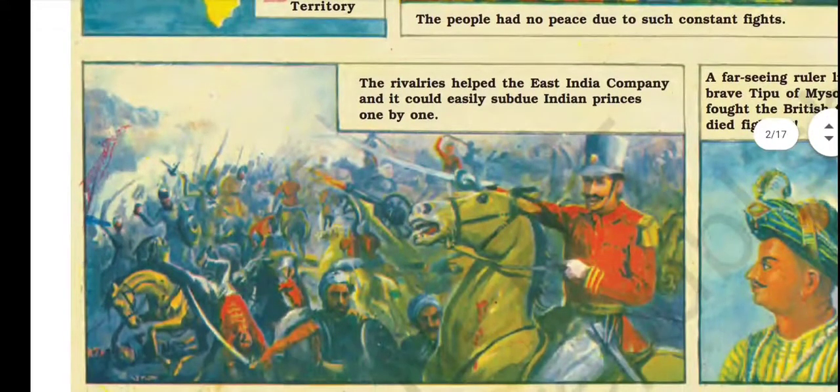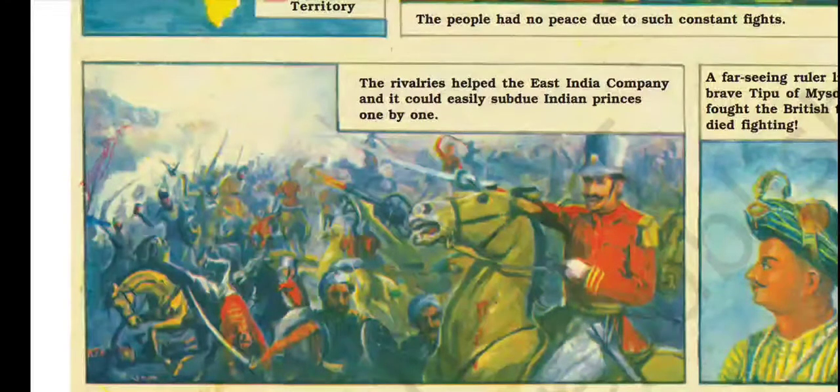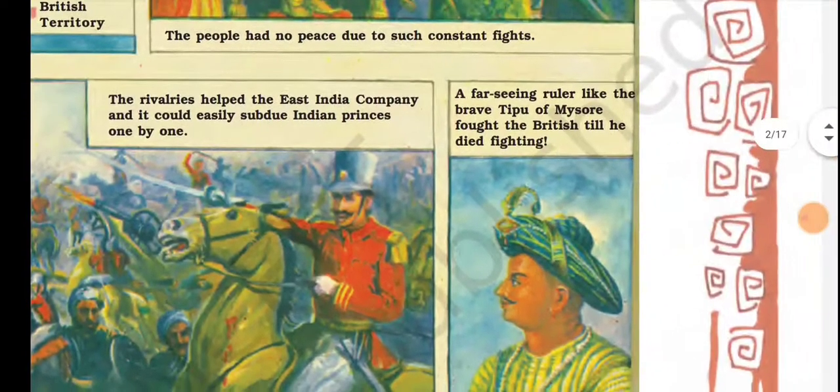The people in those days in India had no peace because the kings themselves were involved in conflict. The rivalries helped the East India Company and it could easily subdue Indian princes one by one. Subdue means defeat. So the rivalry between Indian kings helped the British to conquer, which means to defeat or subdue, the Indian princes one by one.